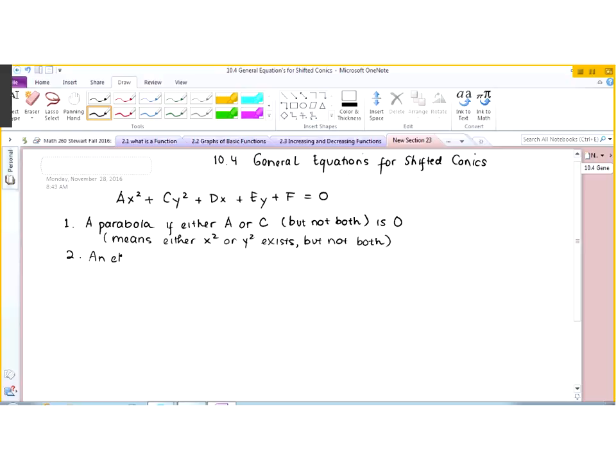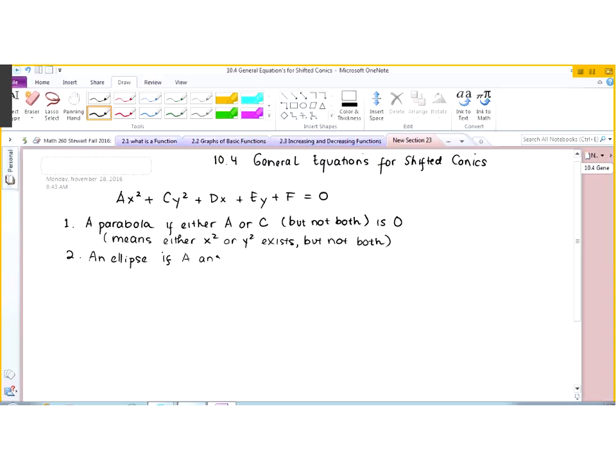Now, what about when it will be an ellipse? How can you tell this is an ellipse, not a hyperbola? Remember that? The coefficients of x squared and y squared have equal signs, right?